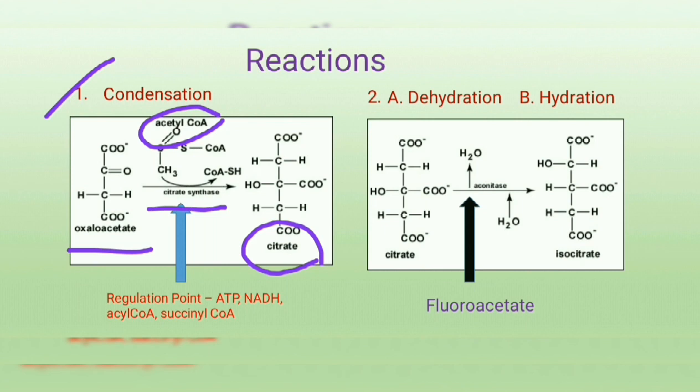And an interesting point in the citrate synthase enzyme is it is the first enzyme in the pathway and it is the first regulating point, which means this particular enzyme is regulated and decides the product from the TCA cycle, which may be needed in different amounts at different times.